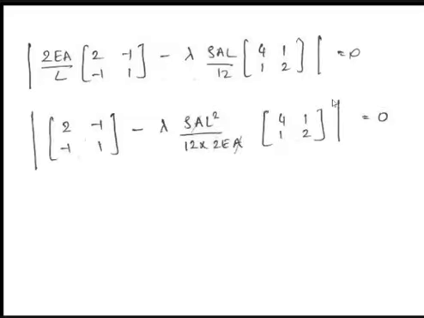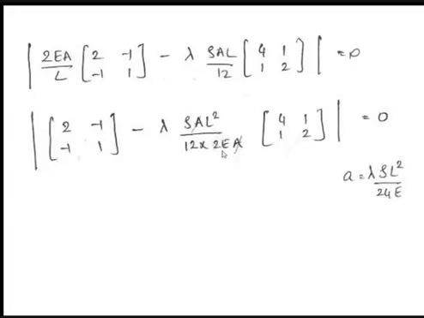Now I can directly multiply this over here. So this will be 2 minus 1 minus 1 1 minus lambda into this L is multiplied, L square. 2EA, I am taking it downwards. It becomes rho L square divided by 12 into 2EA. A is getting cancelled. I am remaining with rho L square divided by 24E.